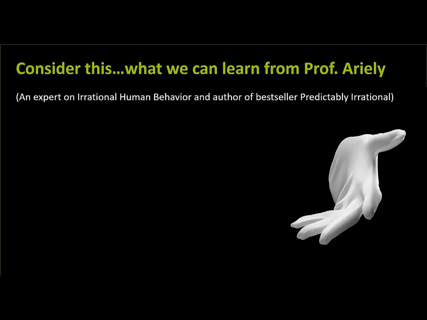I mentioned Professor Dan Ariely's book at the beginning of the webinar. He has researched human behavior and came to the conclusion that it's predictably irrational, i.e. it's irrational, but we can figure out what people are going to do in certain scenarios. Now, I know that we're talking about B2B, and people tend to think of B2B as something that's very rational, right?